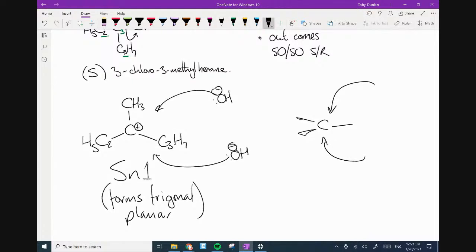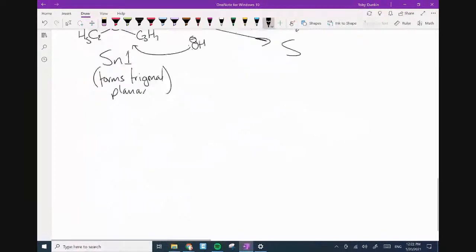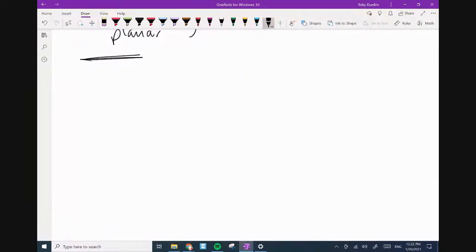Because Sn1 becomes trigonal planar as an intermediate, what that means is I spit out a 50-50 of R and S. Here's the next cool bit. What about Sn2? If I have a primary, something like this. Oh, yeah, primary. Can do this.